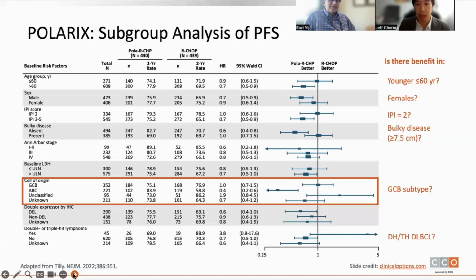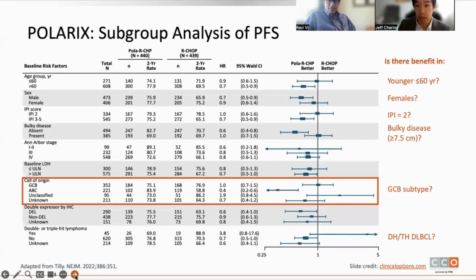We look at the highlighted subgroup analyses here, where there seems to be quite a preference for polar R-CHP for that subtype, whereas patients with GCB subtypes seem to fall right in the middle, comparing polar R-CHP versus R-CHOP.